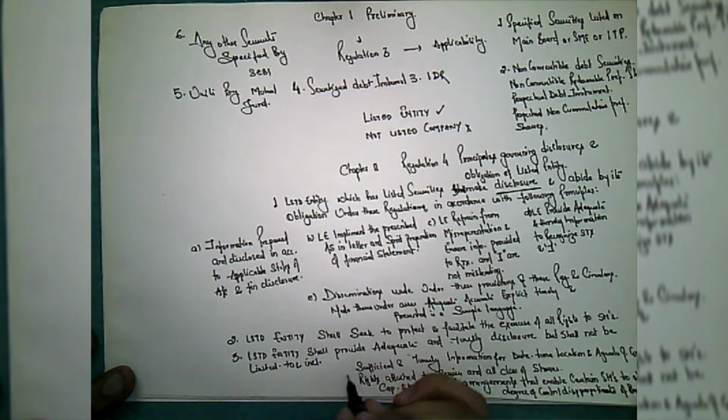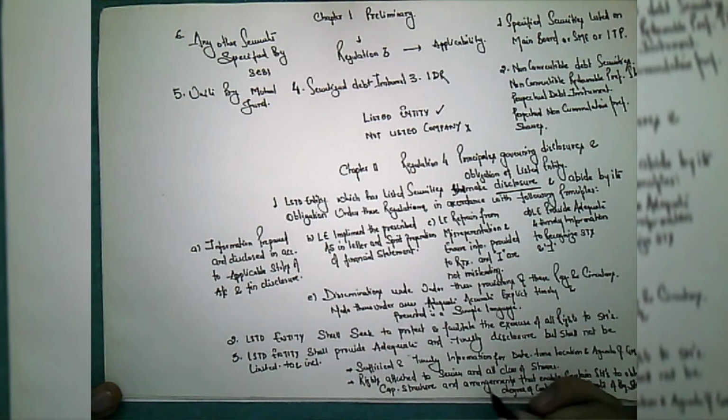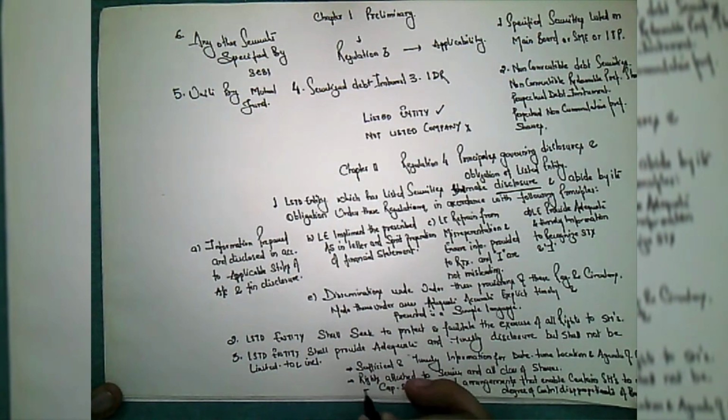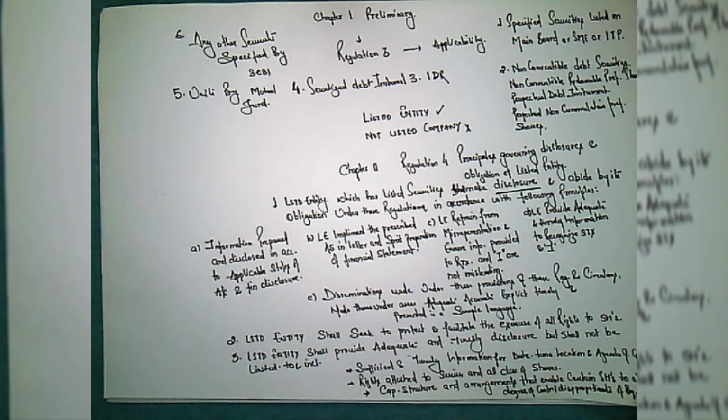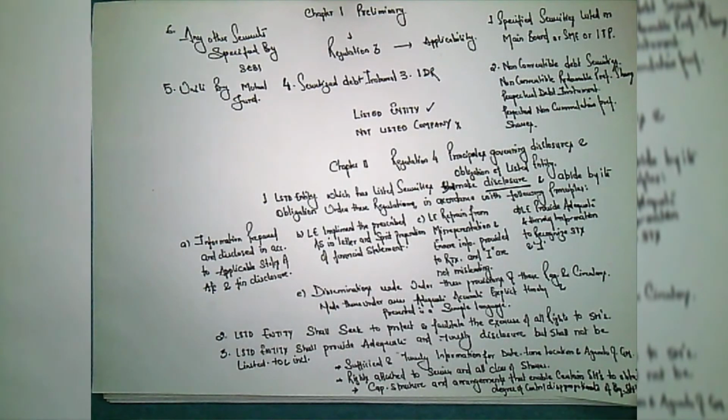So the first thing says time, date, and location of general meeting. Second says rights attached to the series and all class of shares. And there is a change in the capital structure, and due to arrangement, any shareholders are able to access control on the company due to their equity share, which is not in accordance with their holding.